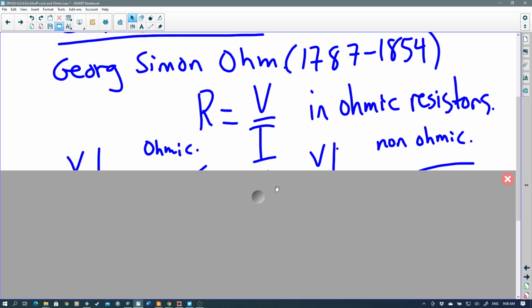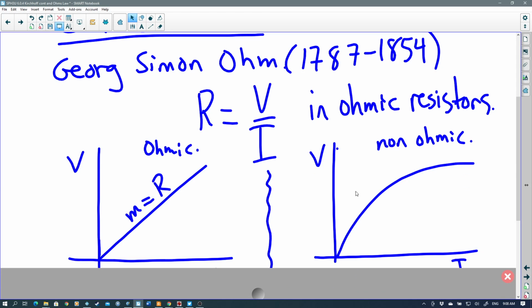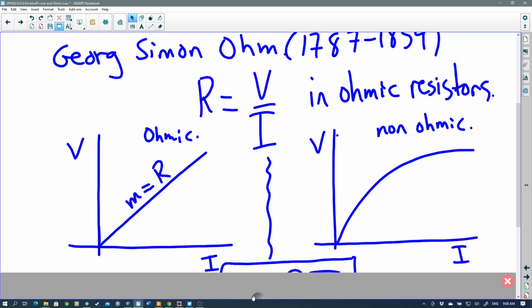If you have a non-ohmic resistor, so let's say we had done the experiment with a light bulb, you can't guarantee that a light bulb is actually going to give you the right answers because you're supposed to get a straight line when you do voltage over current. And with light bulbs, you'll often get a curve. As the voltage increases, the heat in the light bulb causes the current to not flow the same way anymore, which we talked about earlier, right?